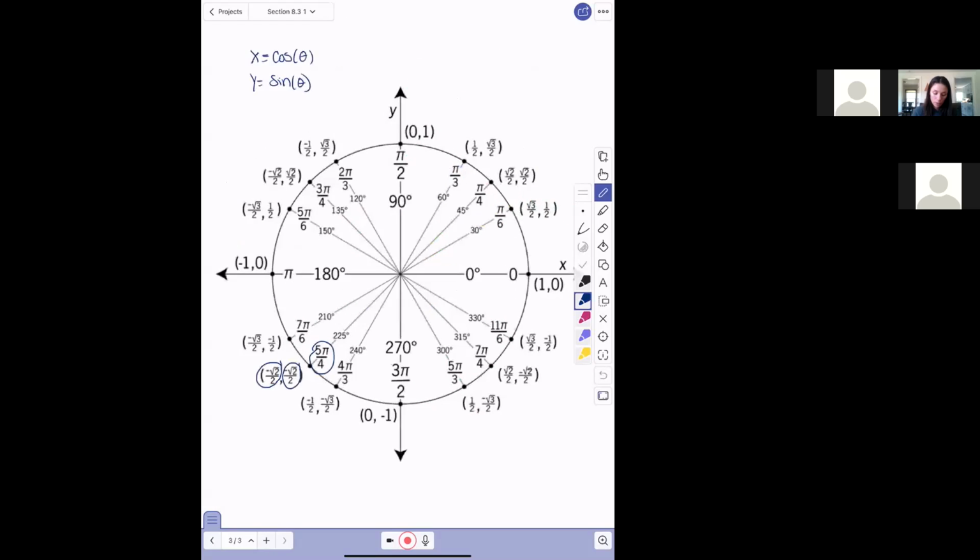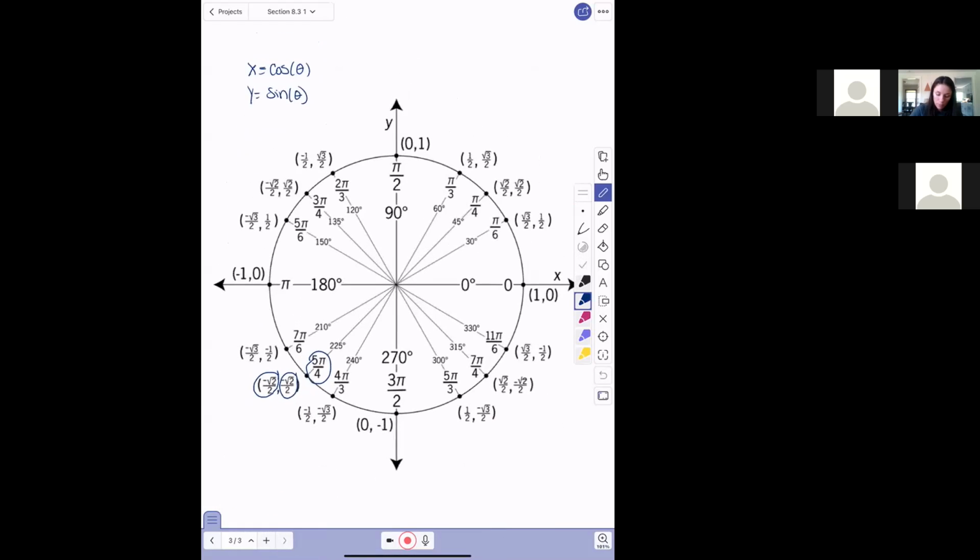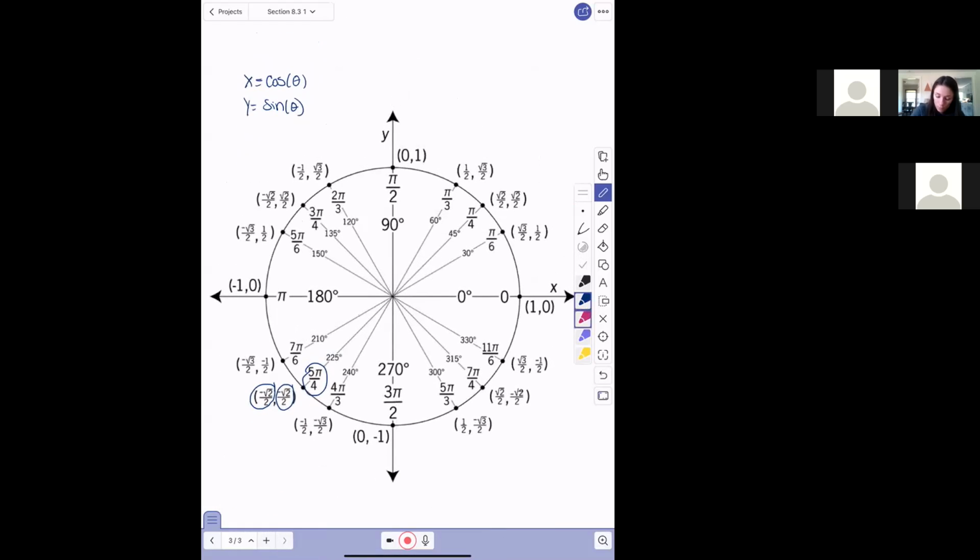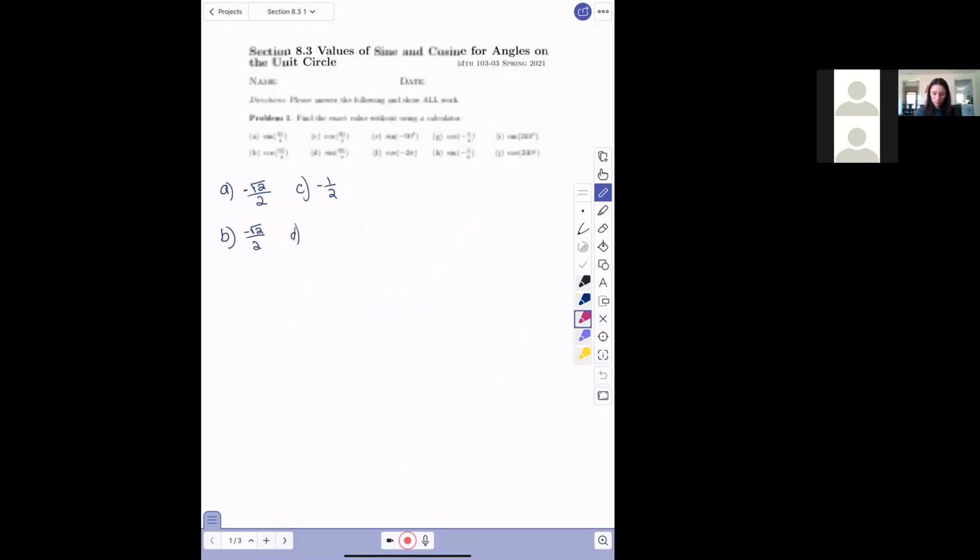We go over to our unit circle and find 2 pi over 3. I wish this would stop moving. 2 pi over 3 is here. The cosine is the x value, right? Cosine theta, sine theta is what points look like. And so we have negative 1/2.